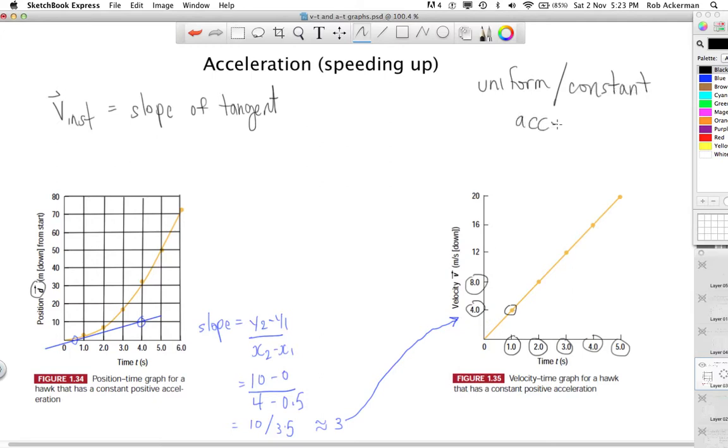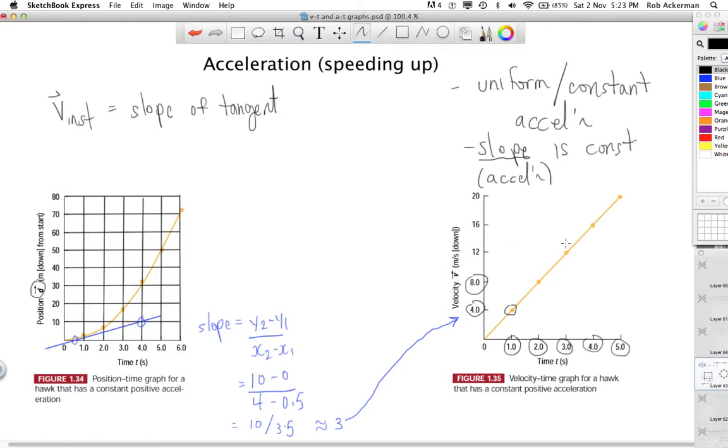And that's what happens when the velocity number changes at a steady rate. Notice how the slope of the line is constant. That should not surprise you because as we discussed on the previous slide, if you have a constant acceleration, you'll have a constant slope because slope is the same as acceleration on this kind of graph.